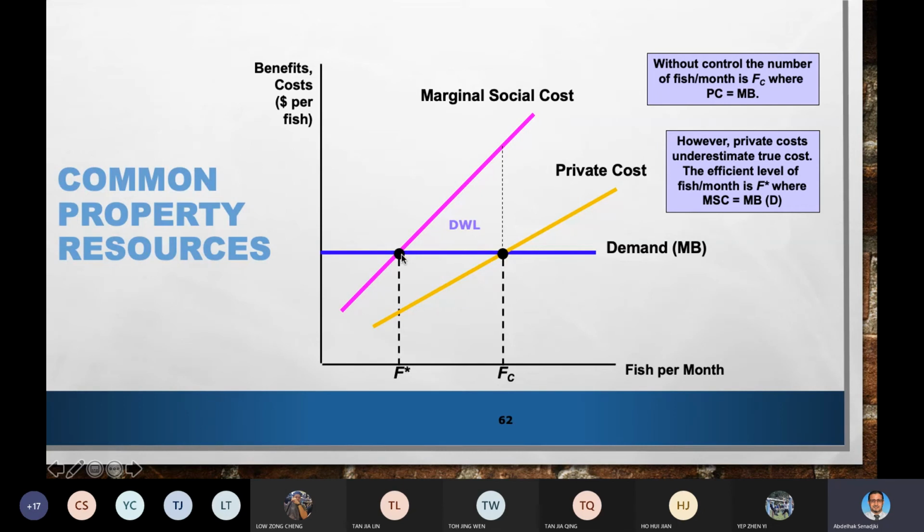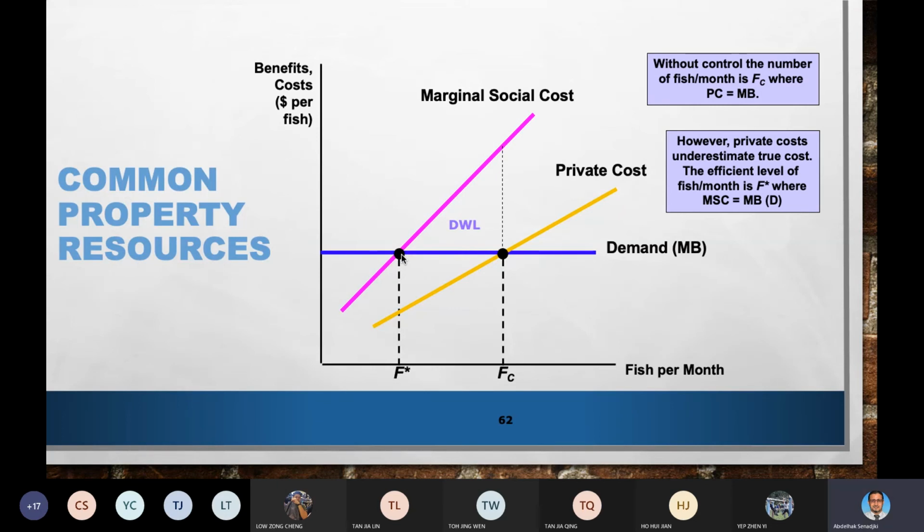If we control, we produce here. The marginal benefit is the price taken from the demand curve. The marginal social cost shown in this diagram includes not only the private operating cost but also the external cost, the social cost of depleting the stock of fish.